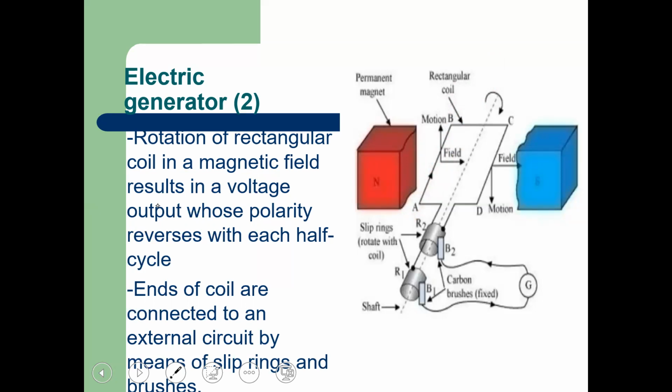But when this armature is turned such that AB is now here, when it gets to this side, current will not flow away, it will flow towards us. And because it's flowing towards us, the direction will be said to have changed.